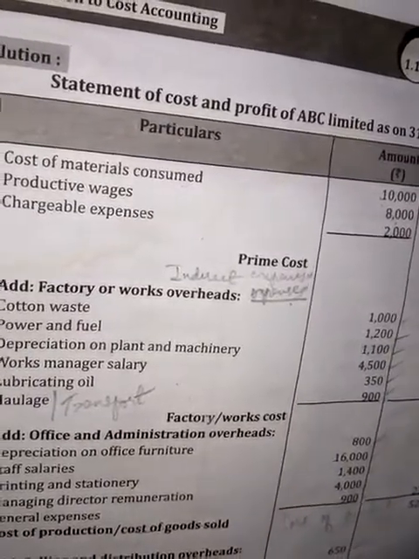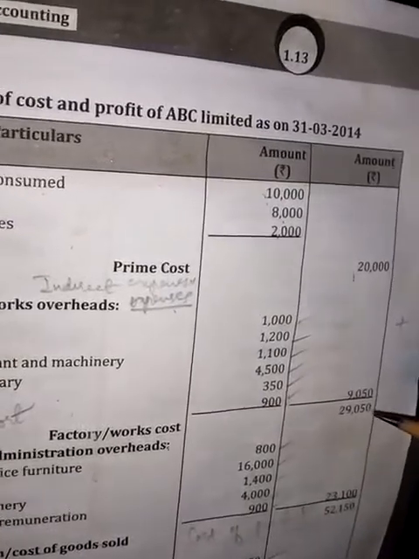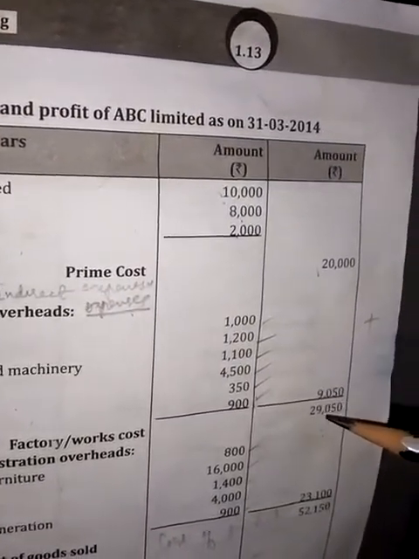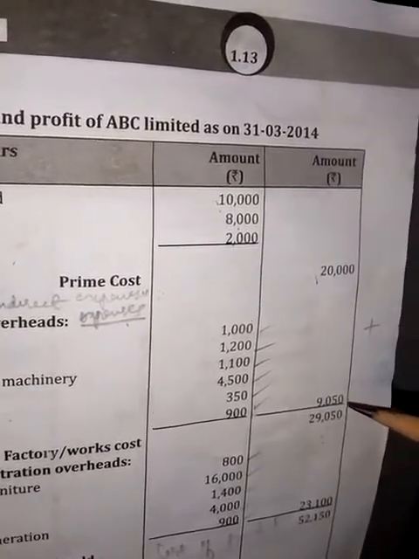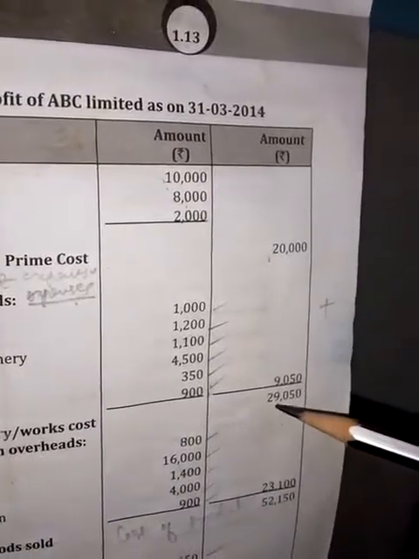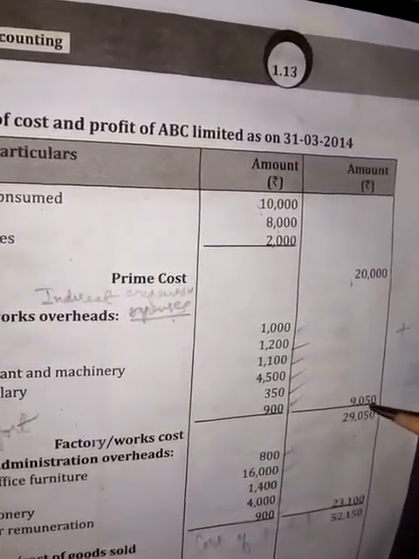The total of all this will be shown in the outer column, 9,050, and this total of works and factory overhead should be added to prime cost 20,000, and the total is 29,050. This is factory cost or works cost.